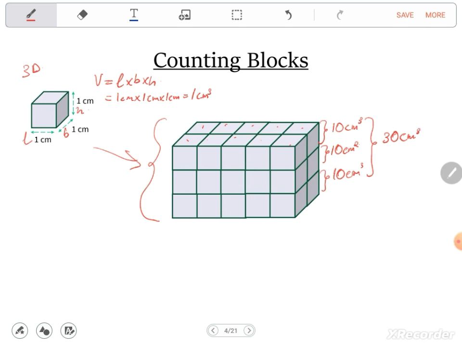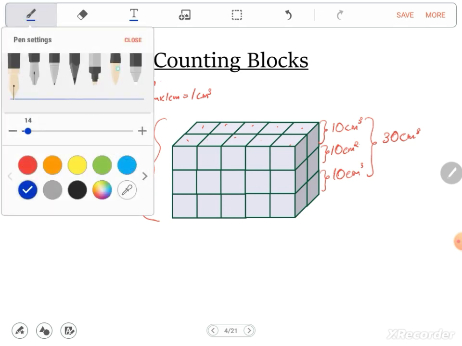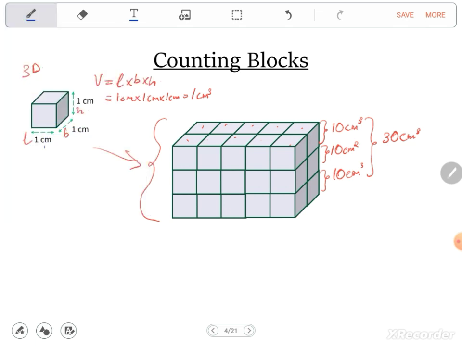All right. So that is what we call, when we are counting the blocks. Now, in terms of surface area, I want to talk slightly and say, if we take this block here, all right, and we open it into its net. Remember, we spoke about the net in the previous video, so you can check it out. We can break it into its net, so we'll have this part here will be this one, all right?